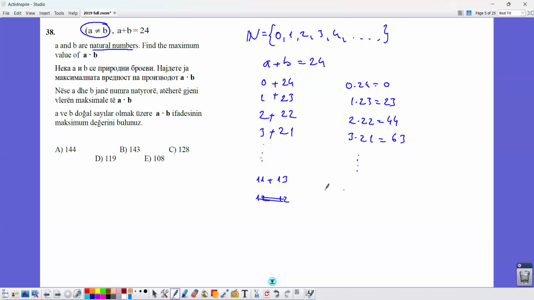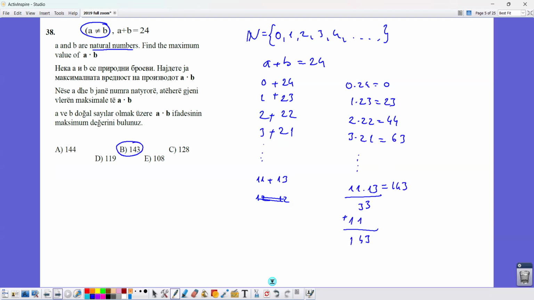When you will continue, at the end I will have 11 times 13. So 1 times 3, it's 3. 1 times 1, it's 1. When I will add them, 143 will be the result. So this one will be the maximum value of A times B in this case.